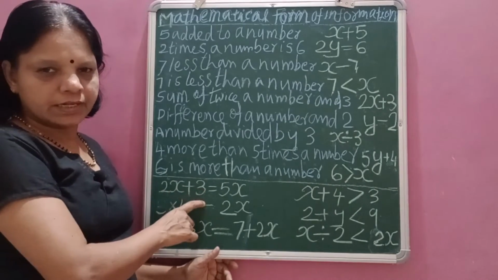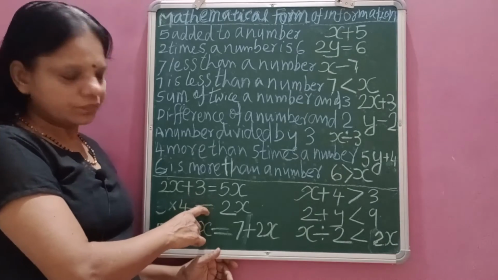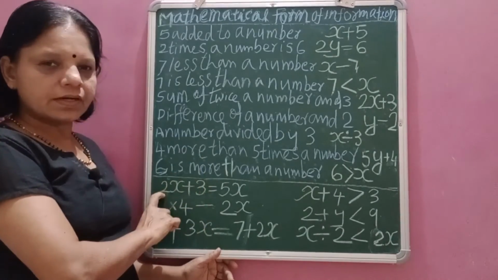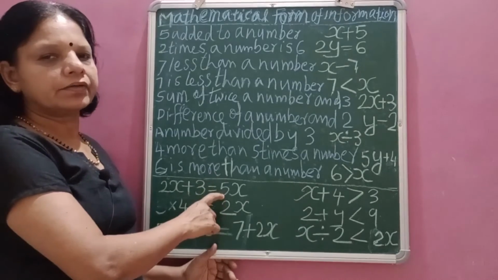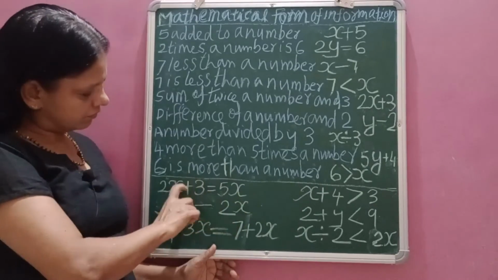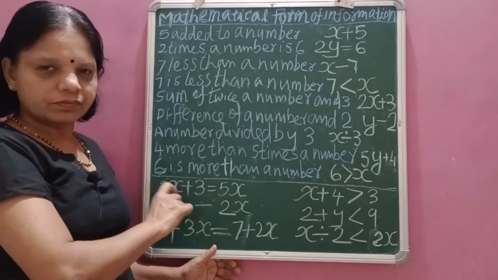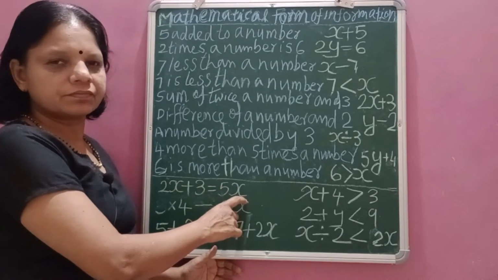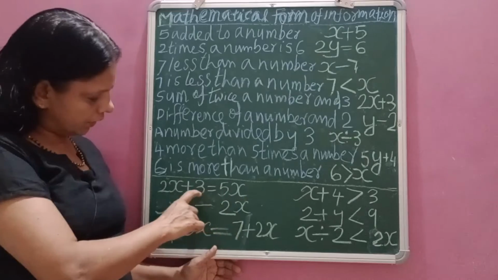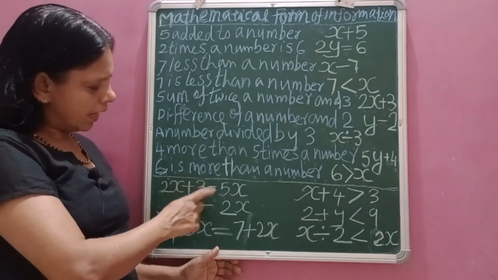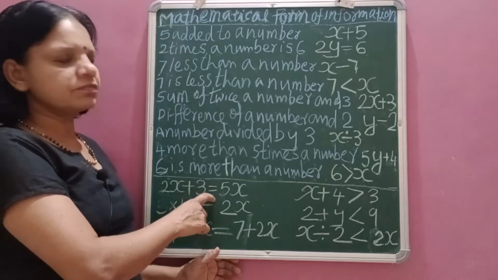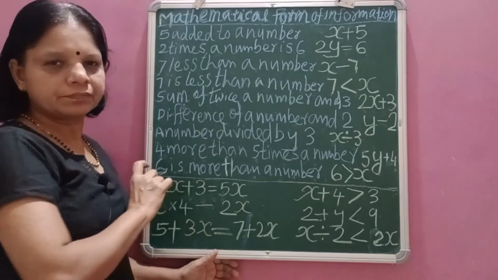That way this LHS expression reads sum of twice a number and 3 is 5 times that number. Same number, x is written here also, here also. This reads as 5 times that number. So how to read it? Sum of twice a number and 3 is 5 times that number.